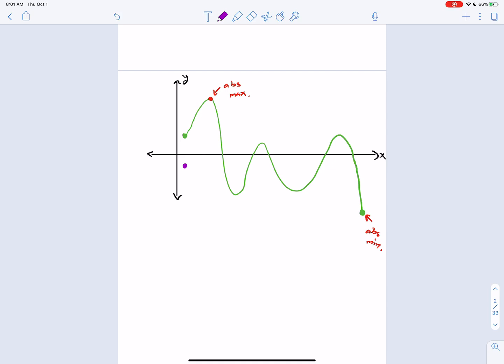Let's try that again. Okay. Looking at that purple graph, go ahead and label where the absolute highest point is and the absolute lowest point. Okay. Absolute max happens to be over here at this endpoint. And the absolute lowest happens to be at the other endpoint. Or absolute min, I should say.